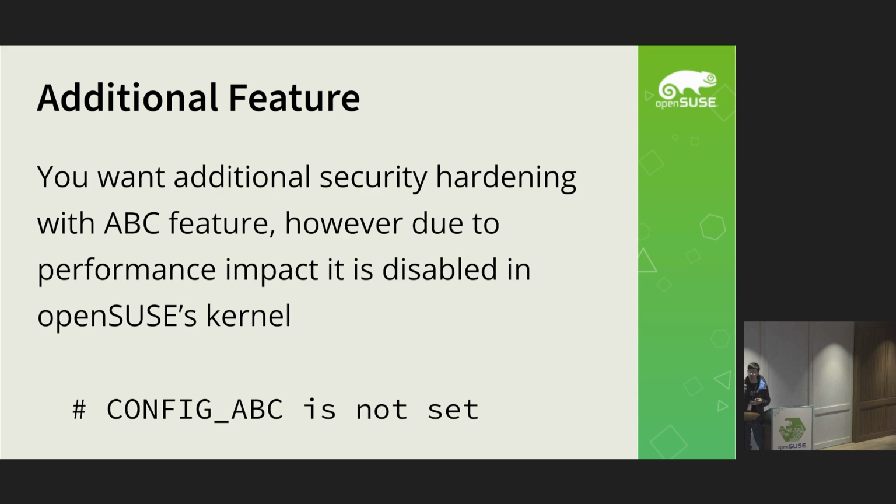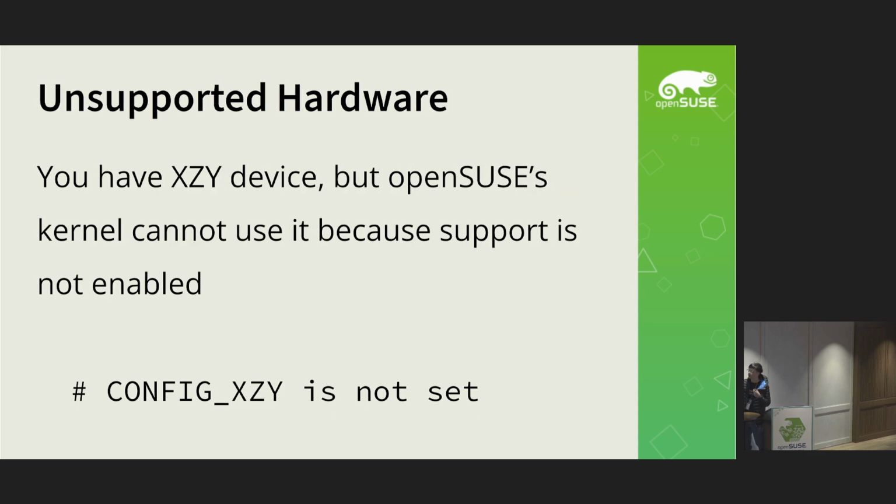Well, now you need to customize the kernel. Or maybe it's not security related, but you have some hardware, some device that you want to use. And it turns out the openSUSE kernel also disables it. Maybe we think that there aren't enough users to justify it, but for some reason we disabled it. In that case, you want it enabled.